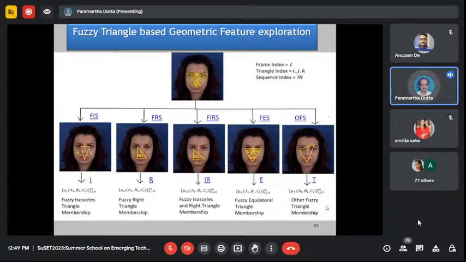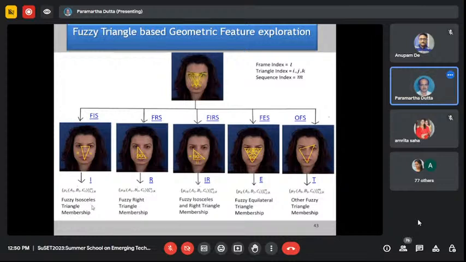Here the basic idea is, so this is your face image. Accordingly, a triangle is classified maybe in 5 different ways. One is fuzzy isosceles triangle. We know isosceles triangle, right?